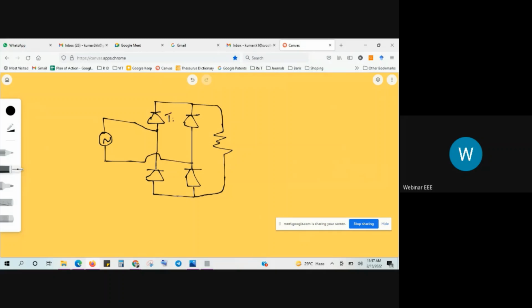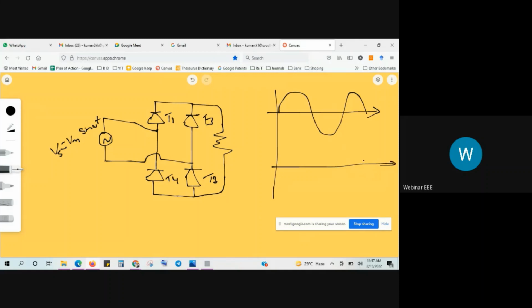Consider this is T1, T2, T3, T4. This is my input supply, same as what we gave, equal to Vm sin omega t. Now our aim is to convert both positive off and negative off into positive.